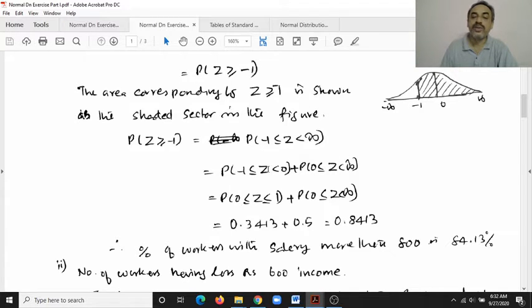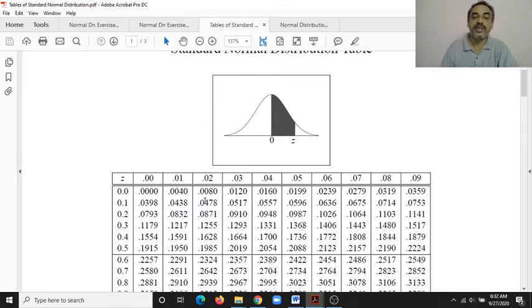Now, minus 1 to 0 is a strip on the negative left side of the frequency curve, and in the tables, we don't have tabulated values for the left side probabilities. But we have a beautiful property of the normal distribution: the frequency curve is symmetric. Since the curve is symmetric, any area or probability required from the left side can be obtained by considering an equivalent sector on the right side.